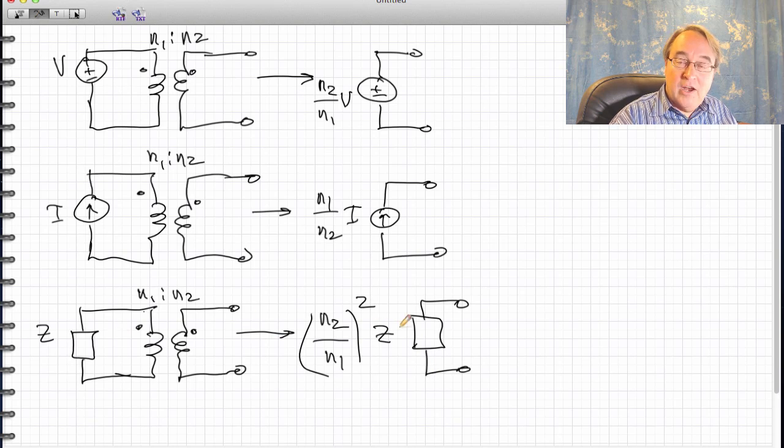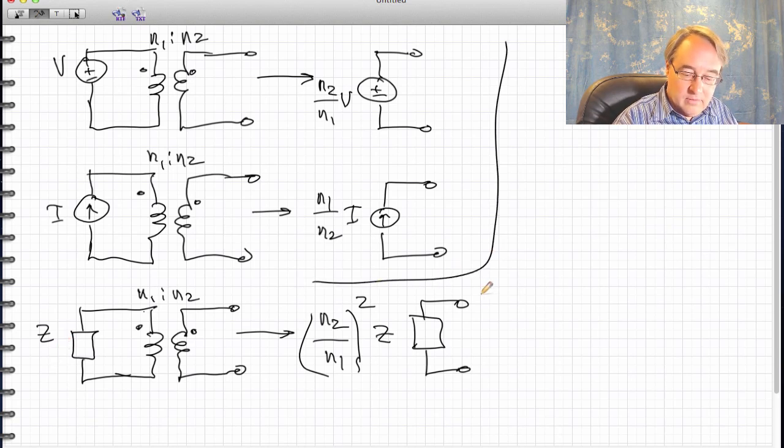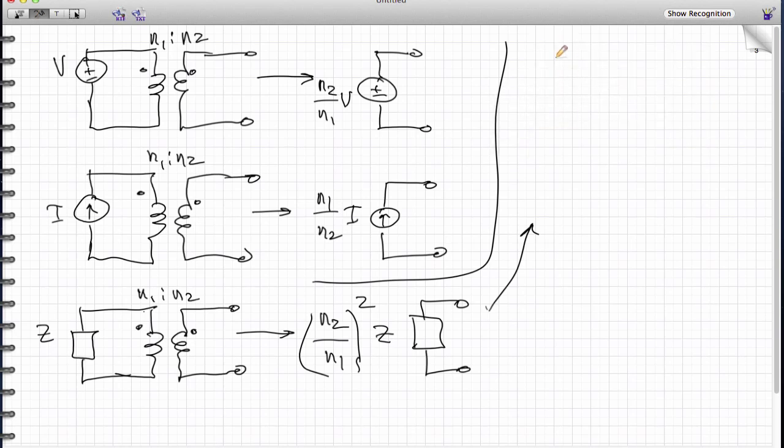One little case to be careful with here with Z is if Z is a resistor. Then effectively between the secondary terminals the value will be the resistance times the turns ratio squared.